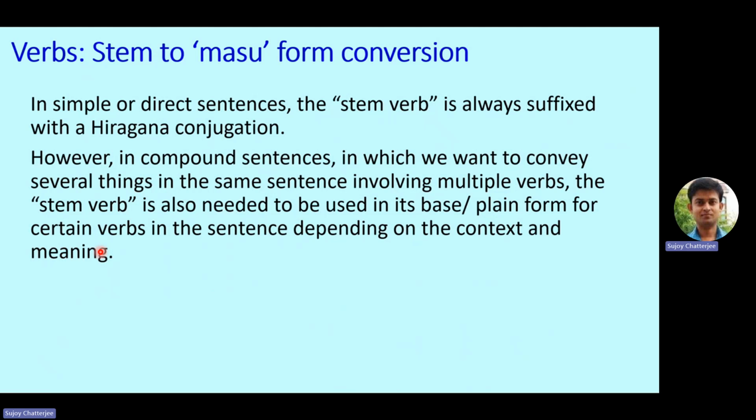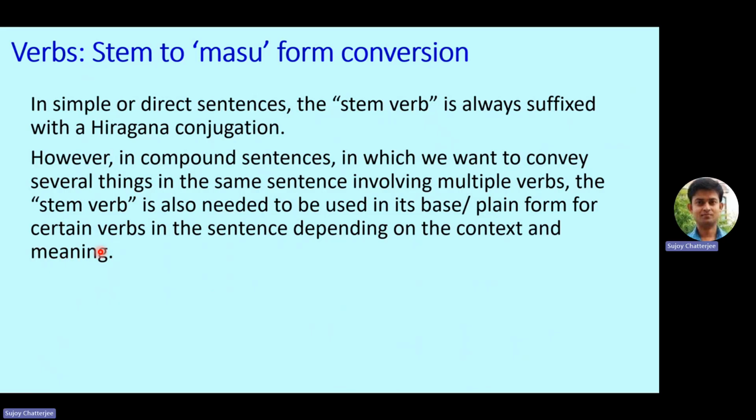So in compound sentences in which we want to convey several things in the same sentence involving multiple verbs, the stem verb is also needed to be used in its base or plain form for certain verbs in the sentence, depending on the context and the meaning. So this is the thing that I just said. We can use only one verb in its mas form.